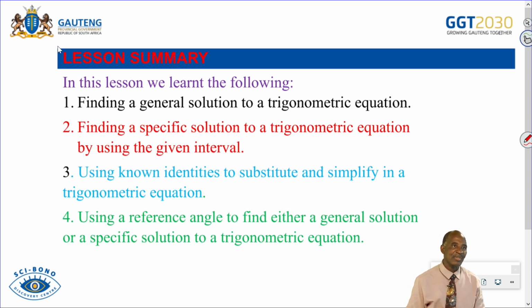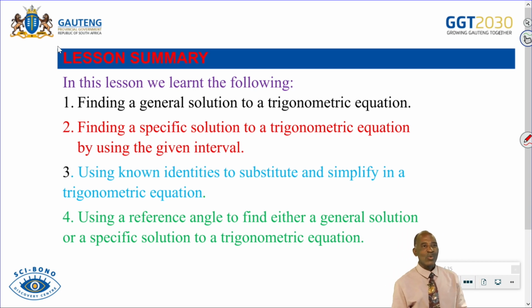In summary, what did we look at in this lesson? We were looking at the general solution to a trig equation, that is finding a specific solution to a trigonometric equation by using the given interval.